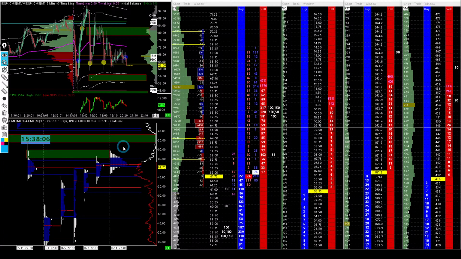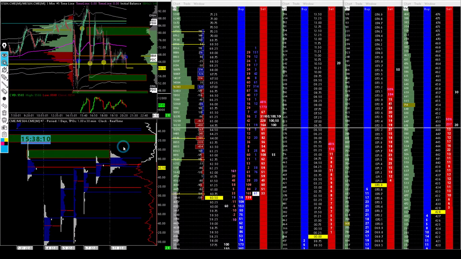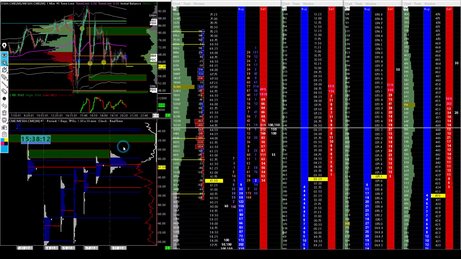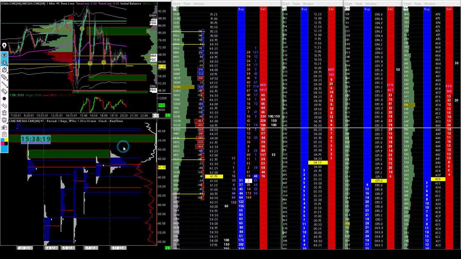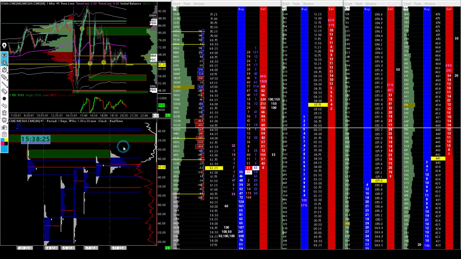Do I ever do this sort of excess at the highs and stuff like that? Yeah, I suppose I do look at that. I would never take a trade on it, though, specifically. But it's just general context that I look at. I think it's a nicer way ultimately to look at the market.